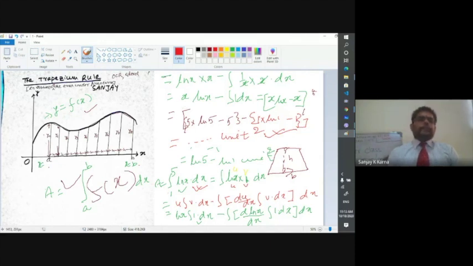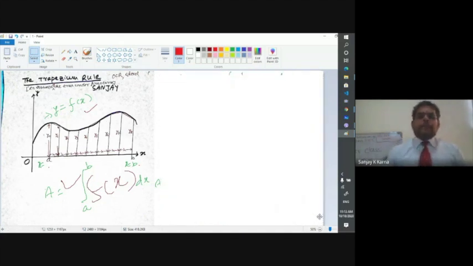So now let's discuss what the trapezium rule is and how we apply it to the problem.